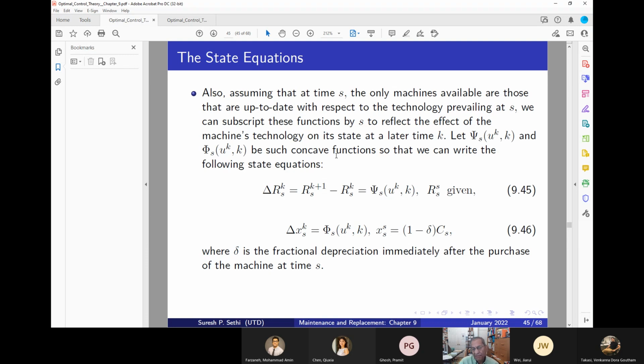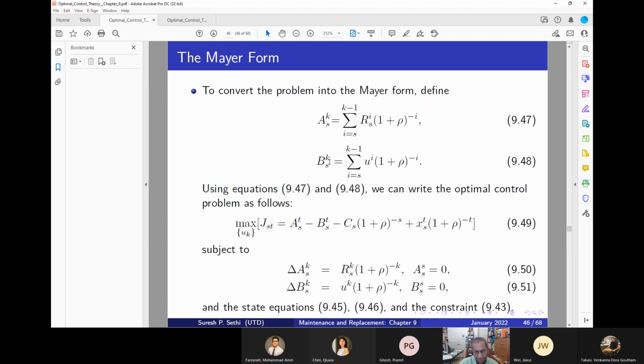In discrete time, we only had one chapter, and in that chapter we did the maximum principle for Boltzmann form. But just to be somewhat different, I'm going to convert this problem to Meyer form. You can solve it without that, but I'm going to do it in Meyer form just so that we have one extra teaching item in there.